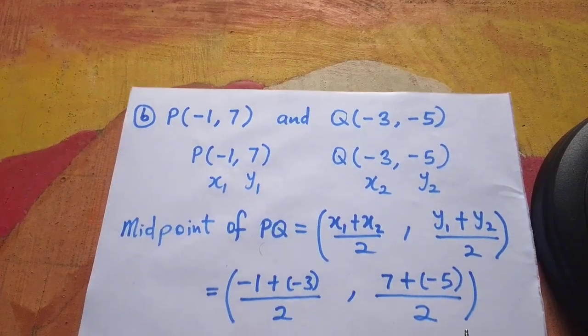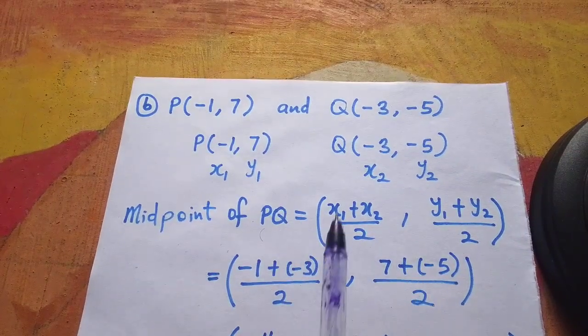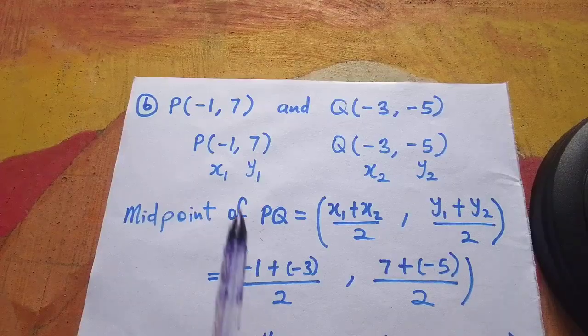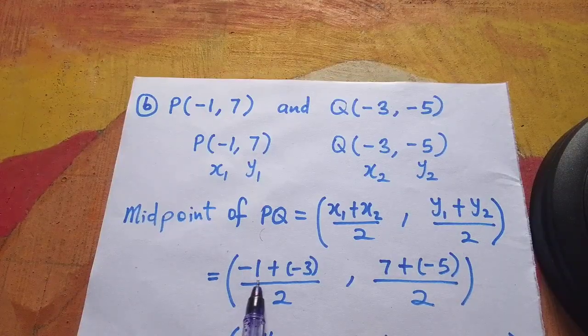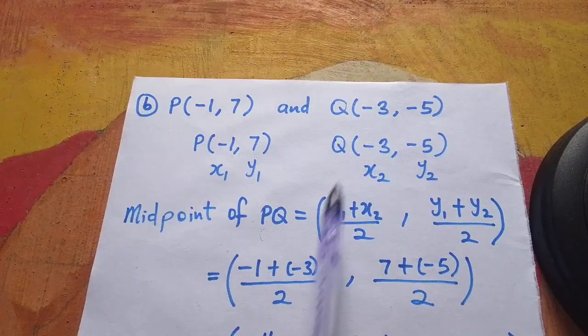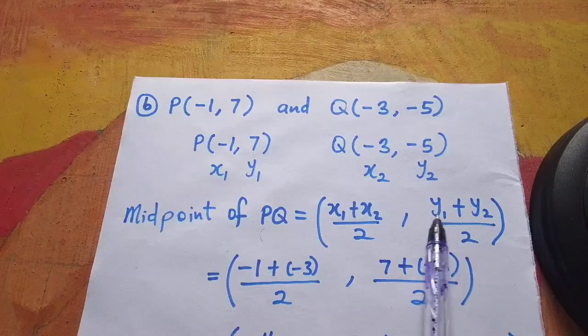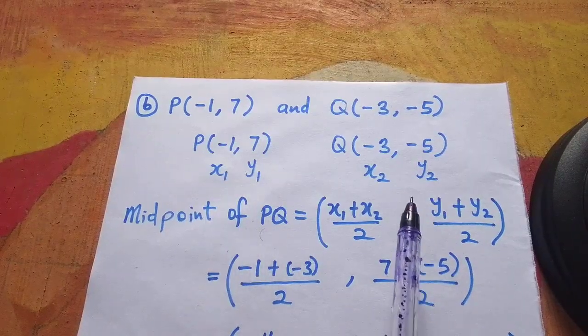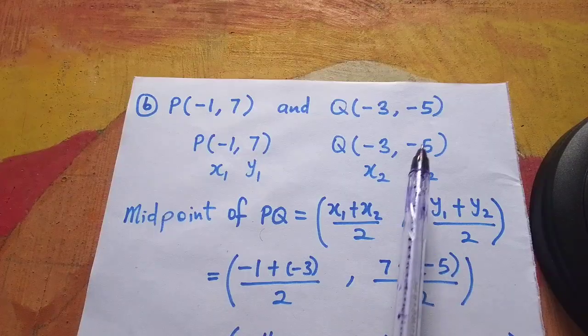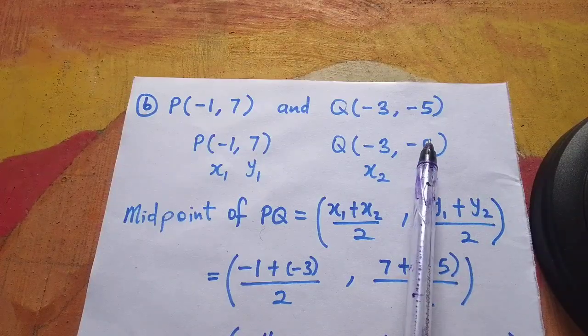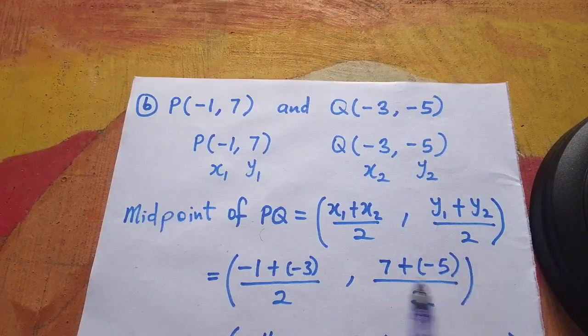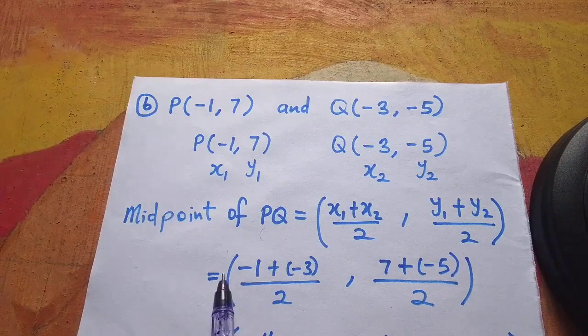So their midpoint will now be, you now substitute for your x1, which is -1, then plus your x2, which is -3, over 2, then y1 is 7 plus, then your y2 is -5, divided by 2.